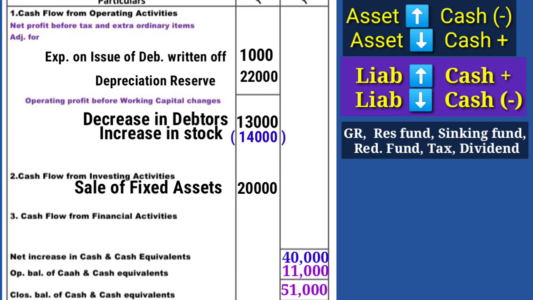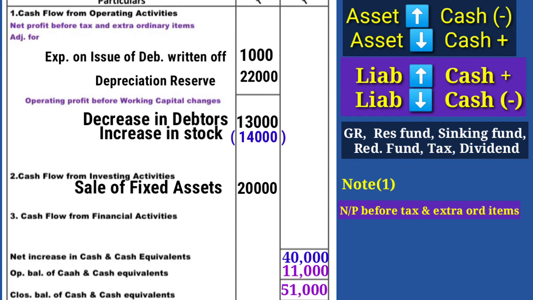We will do the calculation work in a separate note. That means if in the balance sheet there is any general reserve, reserve fund or any other fund, tax, or dividend, then the net profit in the profit and loss account we will not write directly. We will make a note, and then the amount we will transfer here. Okay. So we will make a note here for the calculation of net profit.